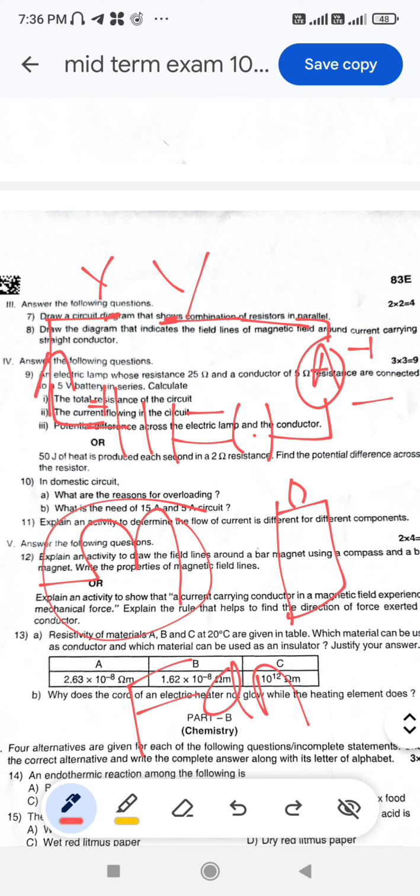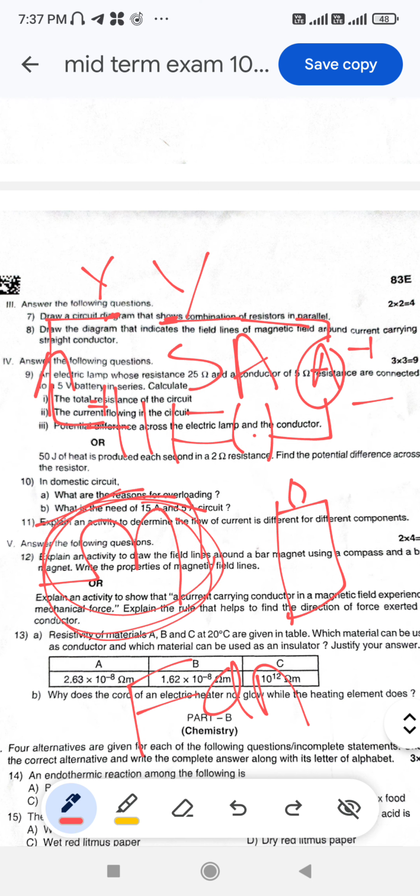So when we place the bulb, for example, the current flowing in the circuit is 5 ampere, right? When electricity is passed through it, it needs only 5 ampere.